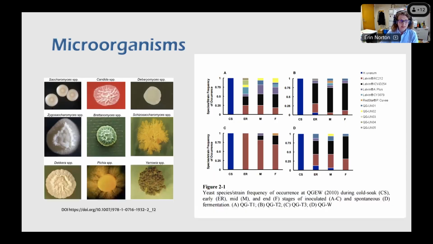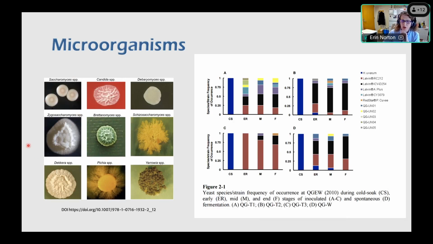So on the left-hand side here are just some cultured species. The first little square is Saccharomyces, and that's what it might look like if you grow a lot of it on a plate, and that's what all of these are. If you grew a lot of these microorganisms, this is what we would see with our eyes.